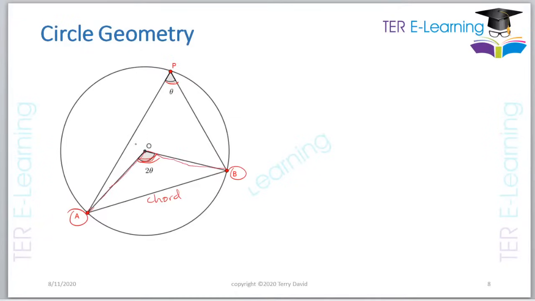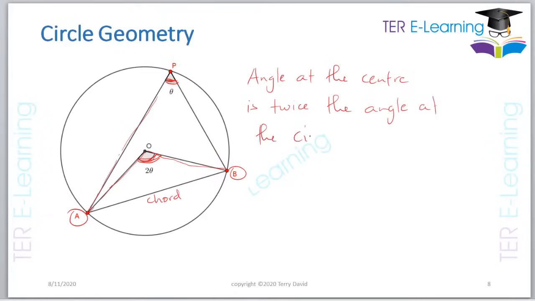And if we form another angle, but on the circumference, the angle at the circumference, which is theta, is always half of this. So the rule is this: the angle at the center is twice the angle at the circumference.